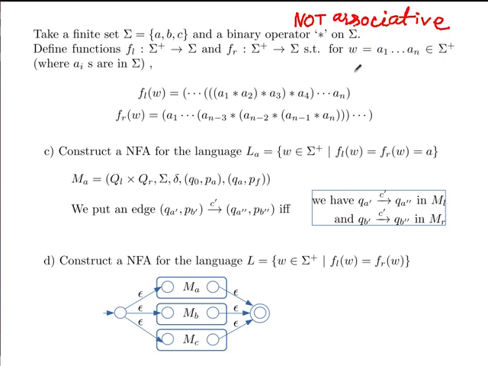And these Ais are symbols, so they are either A or B or C. So we can define two types of products. One is like you first do A1 with A2, then A3, then A4, then A5, then A6, and up to AN. Okay. So this is doing the product from the left side.